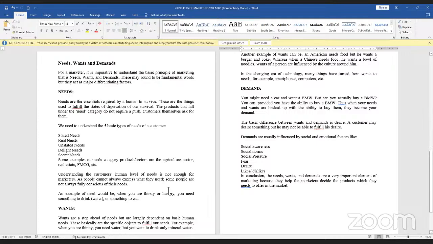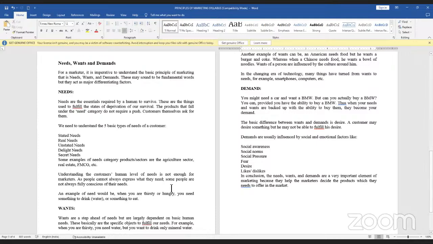Needs are those which are required to be fulfilled essentially or compulsorily by the human being, like food, water, shelter. These are the basic needs, right? Being a human being, whenever you feel thirsty, you want water, and when you feel hungry, you cannot stay starved.